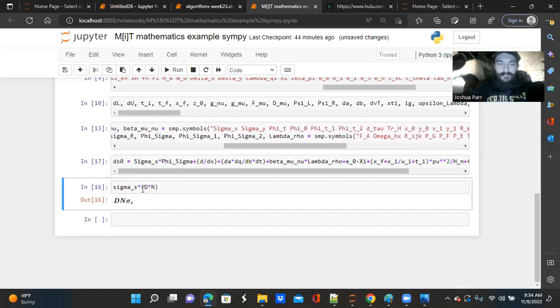So right here we have sigma sub s, and that is representing currently in the example that I'm about to show you the spatial area, and this is the dimensions times the number of dimensions that you're working with to make it flexible.